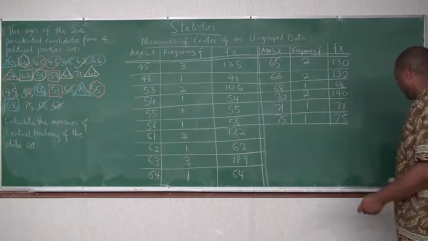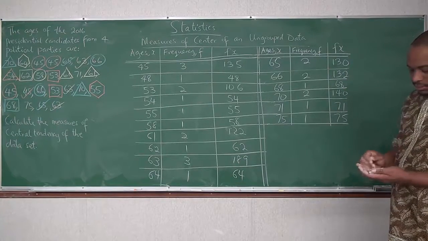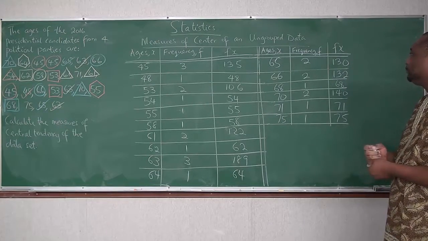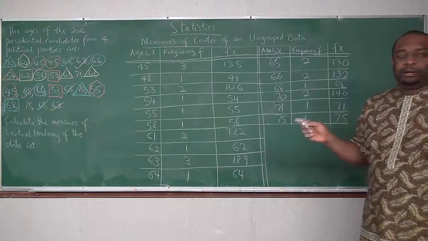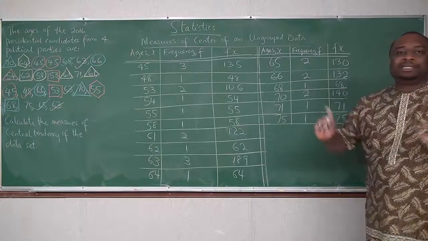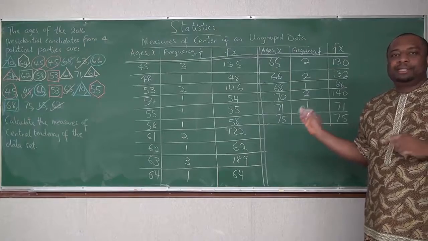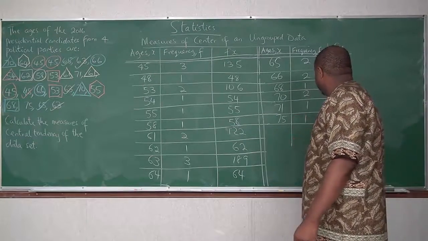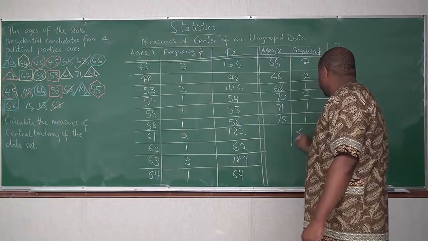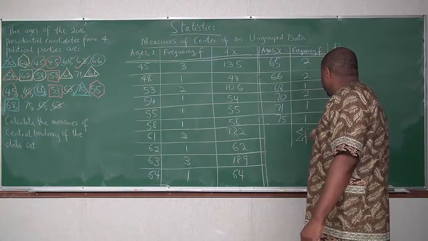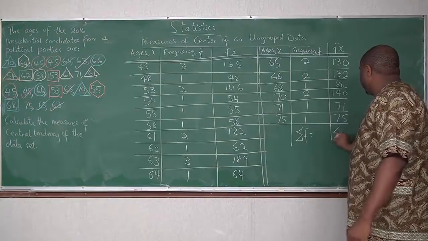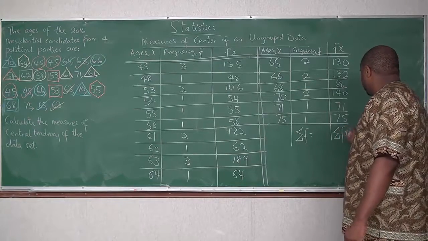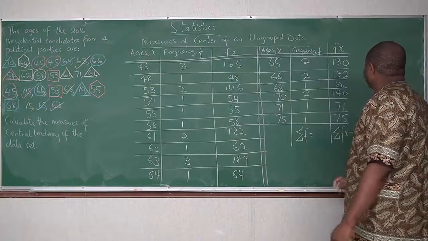We have to find the mean, median, and mode. So let us see whether we got this correctly. We're going to find the sigma f, the summation of the frequency, and then the summation of the fx, sigma fx.